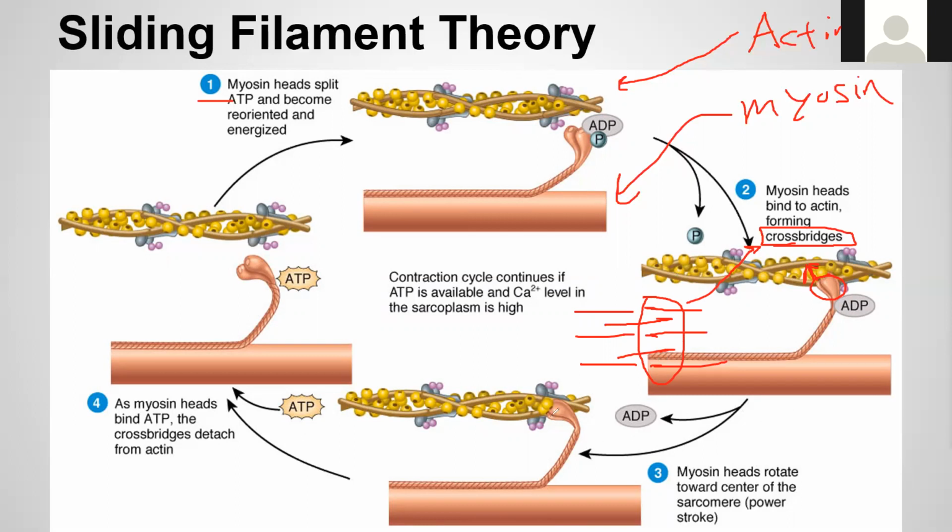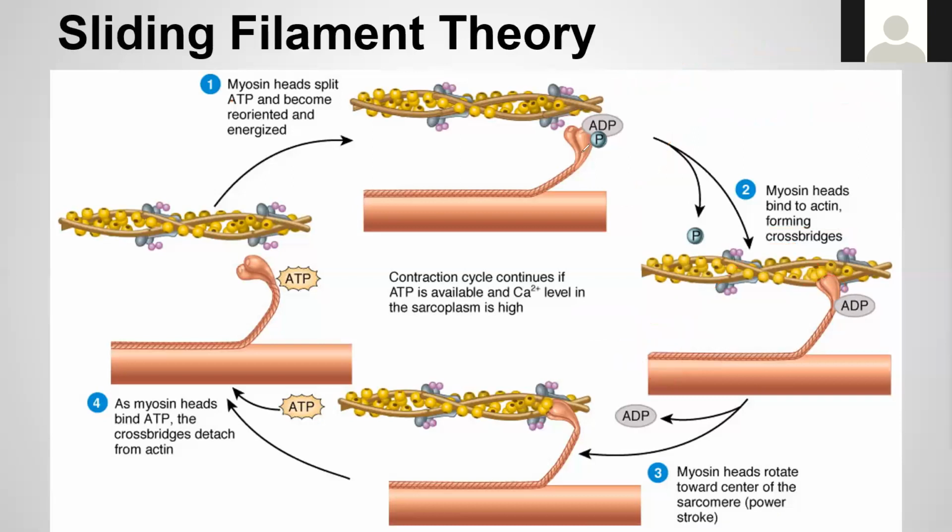After we get the myosin head binding to our actin, we get what's known as the power stroke. And what's happening here is that your myosin head actually is going to rotate towards the center of the sarcomere. So if I clear out all the drawings here, you can see that this head starts up, virtually up and down. Here it's at a bit of an angle, and now it's almost straight across.